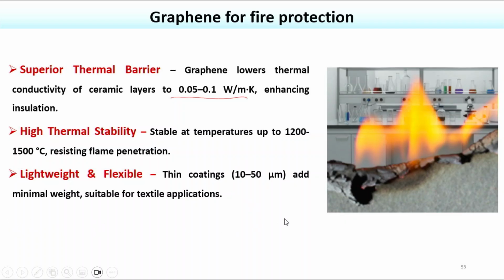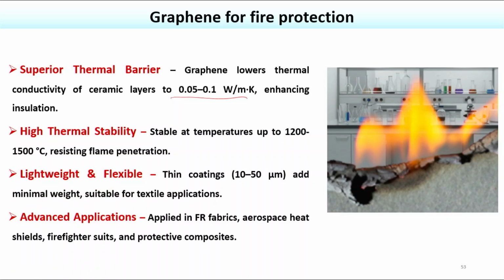The fabric remains flexible even after the graphene coating, and it acts as a superior thermal barrier.